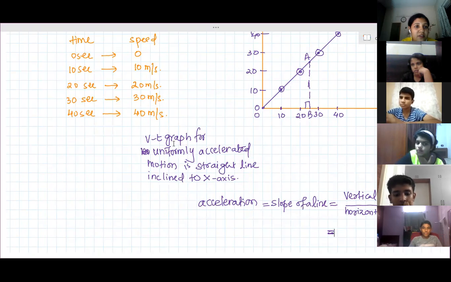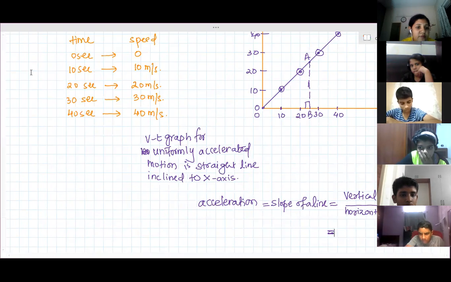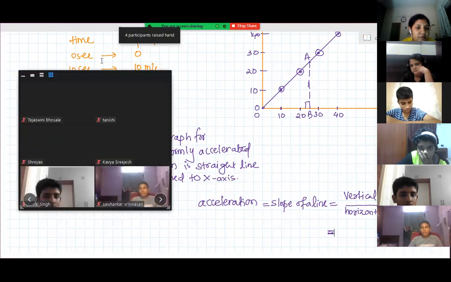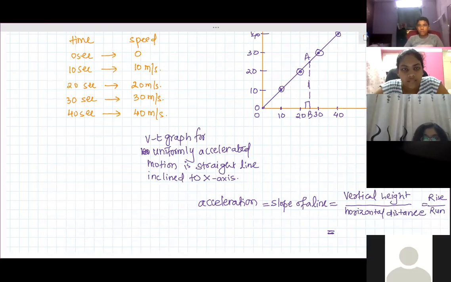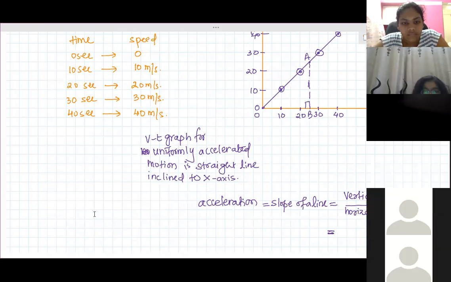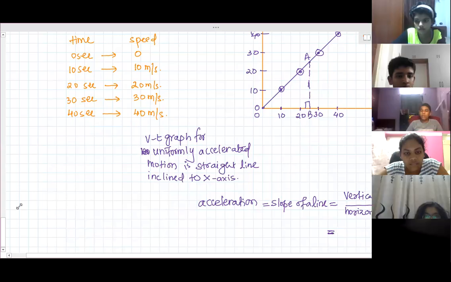Darshan's sign is blinking. Yes, Mithun, tell. How to find the slope of a line? Finding the slope of a line. He's also not in the class.